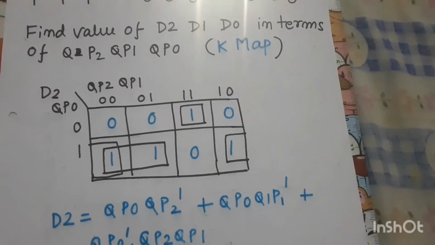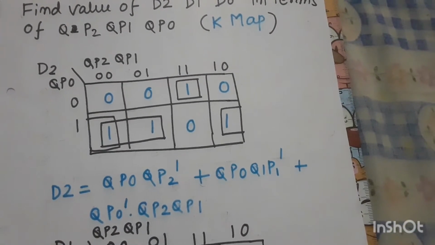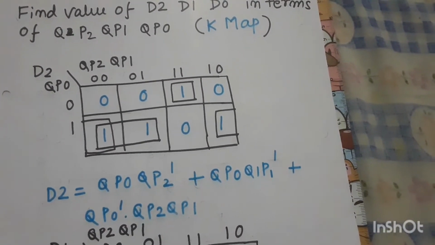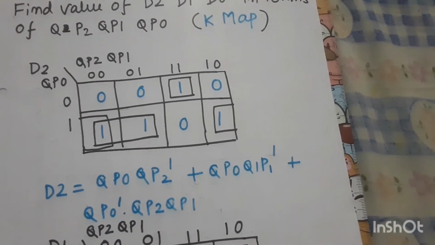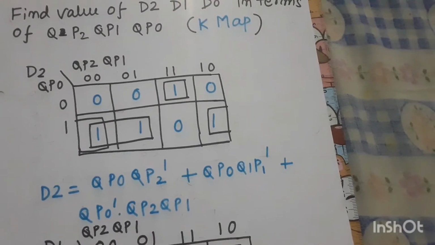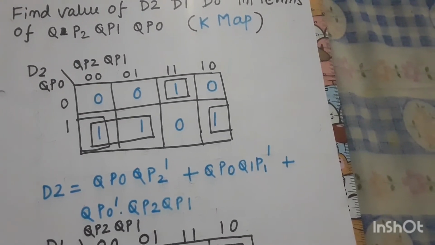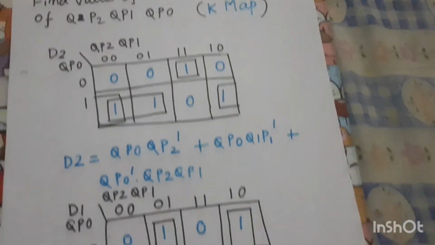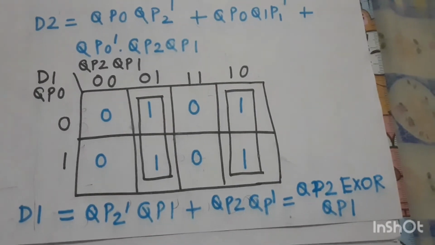So you can see the K-map of D2. You can draw the K-map of D2. And I derive D2 as QP0 QP2 bar plus QP0 QP1 bar plus QP0 bar QP2 QP1. Similarly, you can see I derived it for D1 too.